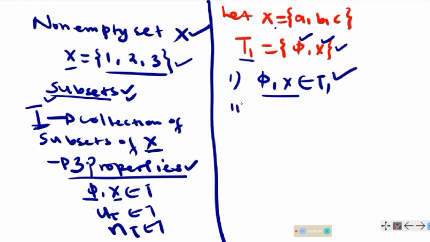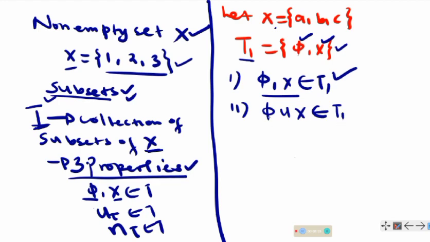Property number 2 talks about the union of elements. This T1 consists of 2 elements. Let us take the union. When we take phi union X, does it belong to T1?